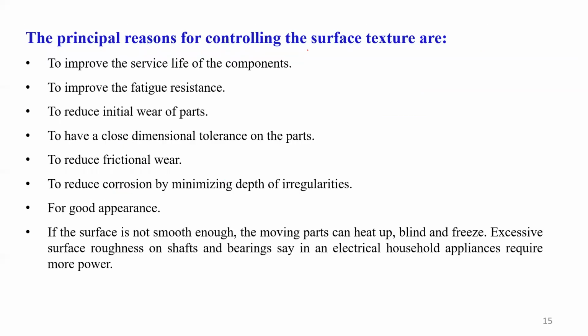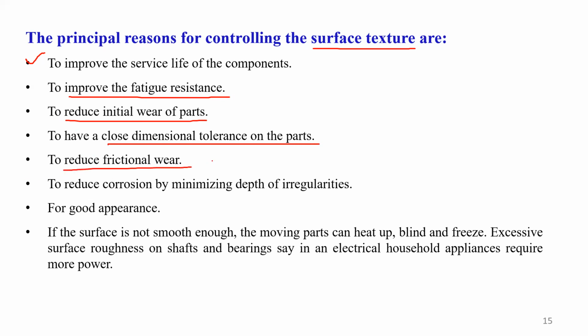So the reasons for controlling the surface structure are: one is to improve the service life of the components and improve the fatigue life resistance of the components, and you can reduce the initial wear of the parts by controlling the surface texture, and to have a close dimensional tolerance on the parts, and we can reduce the frictional wear by controlling the surface texture.